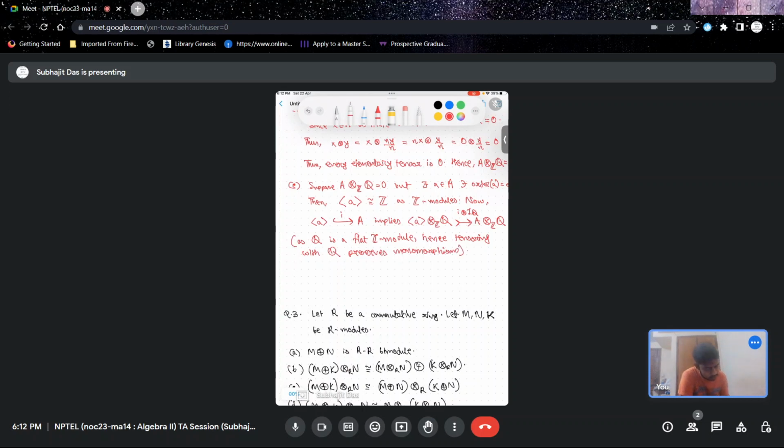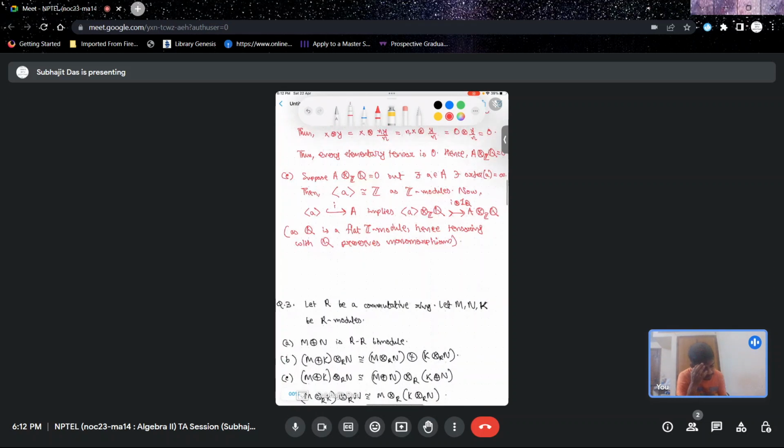And therefore from this what we get is thus Q, which is isomorphic to Z tensored over Z with Q, which is isomorphic to this tensored over Z with Q.